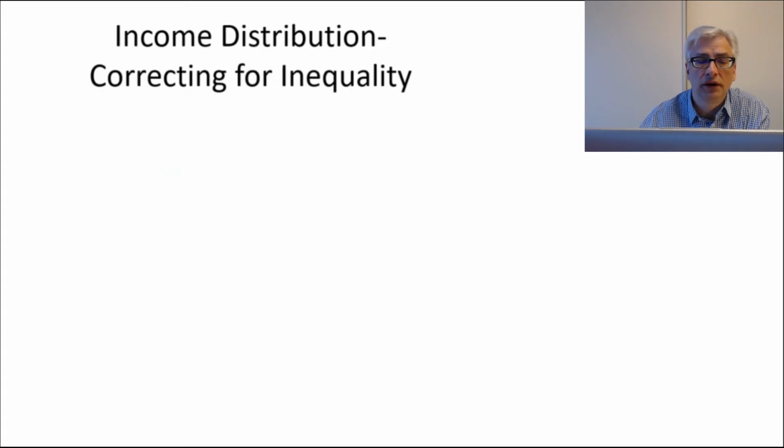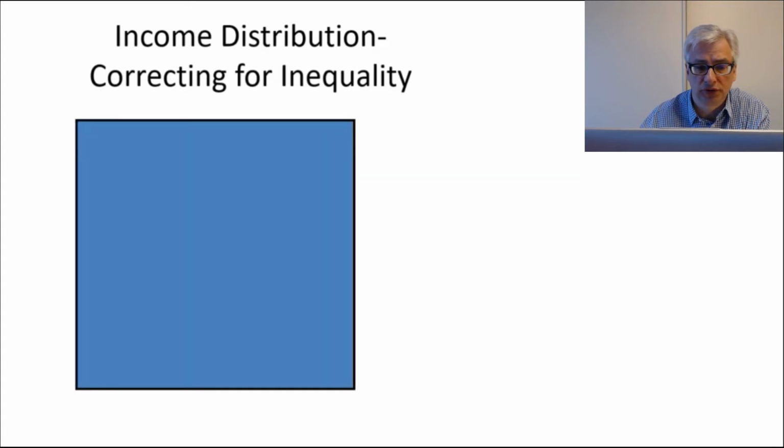How can we correct for those inequalities? Because one of the significant functions of the government is to redistribute income from those who are very rich to those who are poorer.